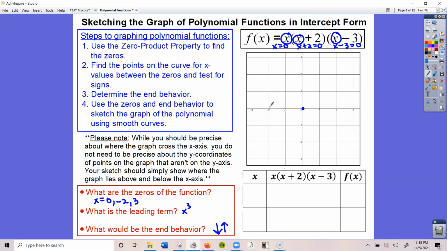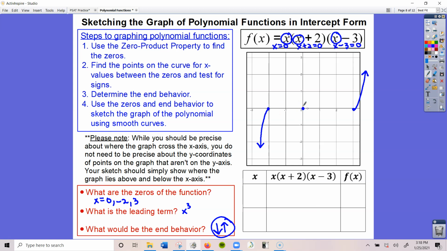So we have 0, negative 2, and 3. Now I can take my end behavior and attach it to the ends. So the left side is going down. So I'm going to go to my left x-intercept and go down. My right side is going up, so I go to the right x-intercept and go up.